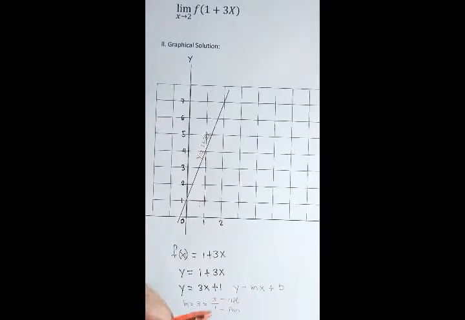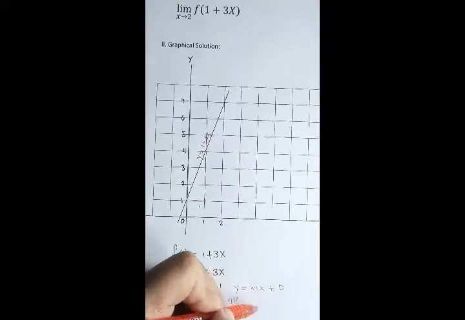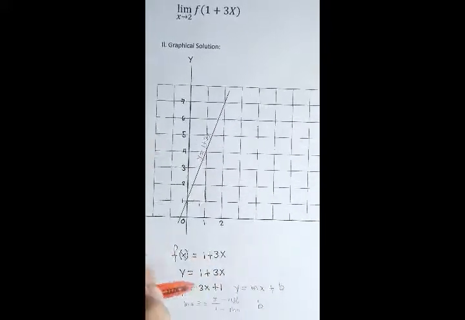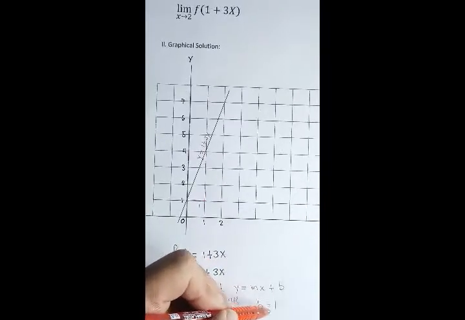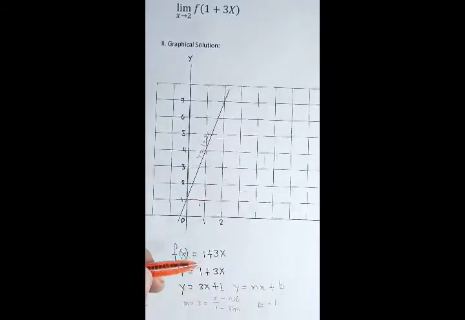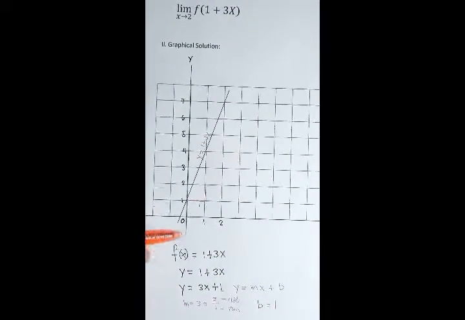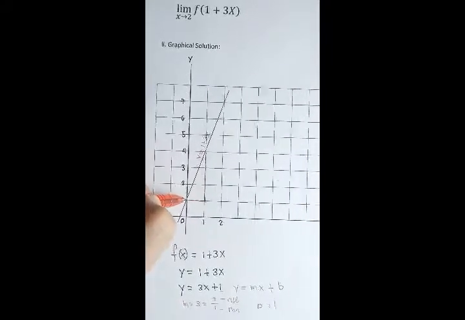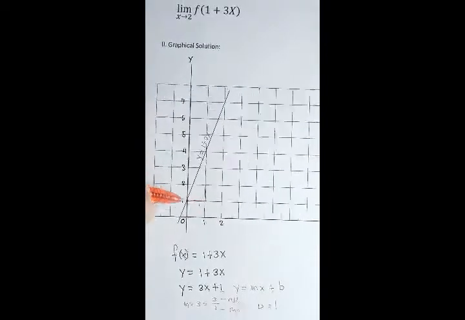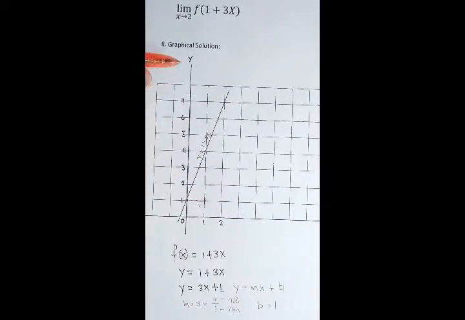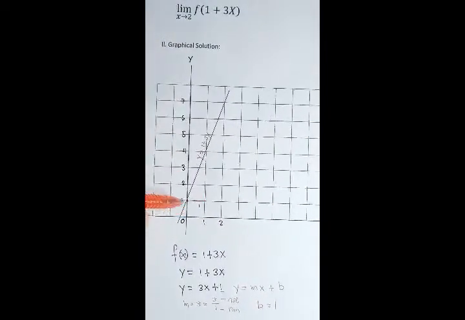And then our b, so what is b? It is 1. So b is our y-intercept. Along the y-axis, our line intercepts the y-axis at y equals 1.